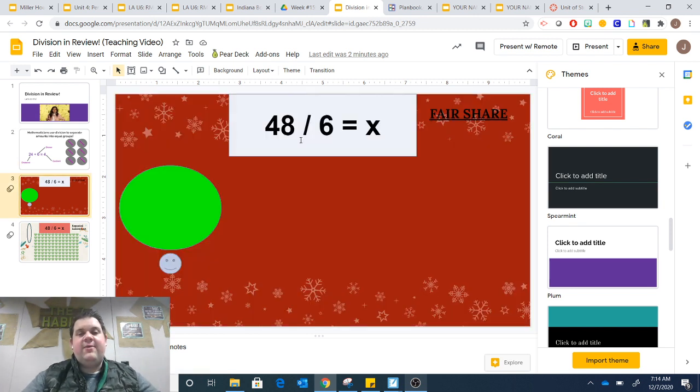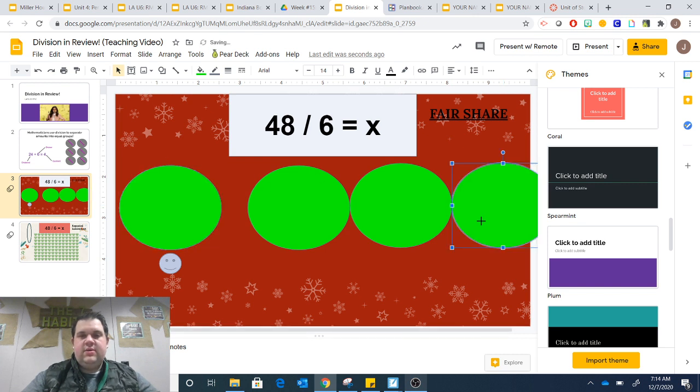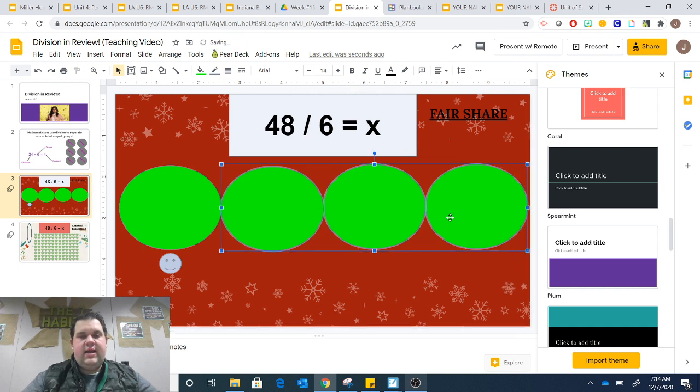So with fair share, we're taking an amount, 48, and dividing it into 6 groups. So to do that, I would need 6 groups. So I'm going to pull over these green circles to make 6 groups. So there's 3 groups. And I need a total of 6.